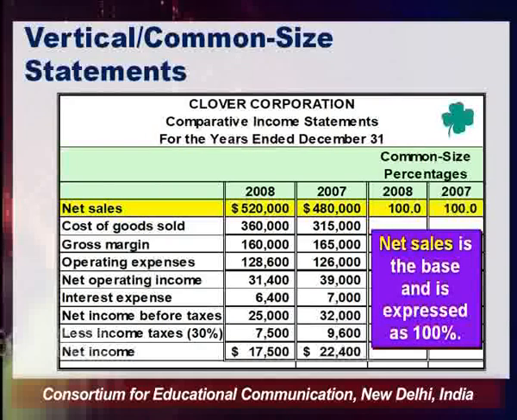If you look at this example, again I have taken the Clover Corporation, and I have taken the same data set, 2007 and 2008, consciously. If you look at the net sales, the first line which has been highlighted clearly tells you that net sales are 100%.